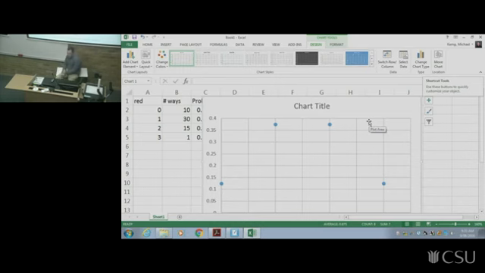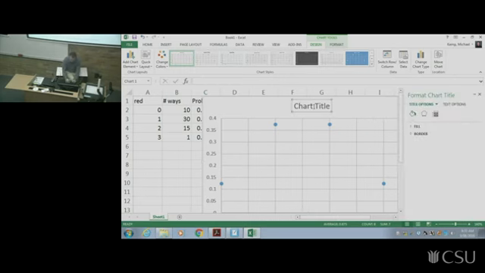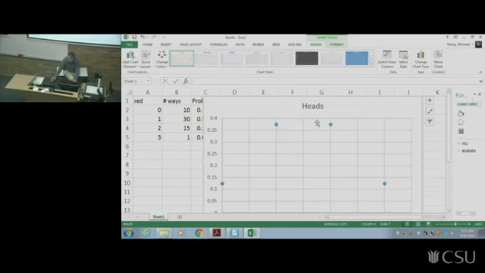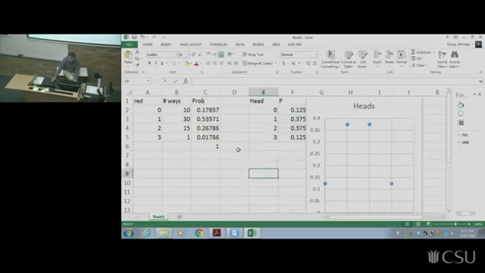So it's called a spike graph, and it just gives you an overall picture. So that's the heads situation. Let's do the same thing for the ball example.